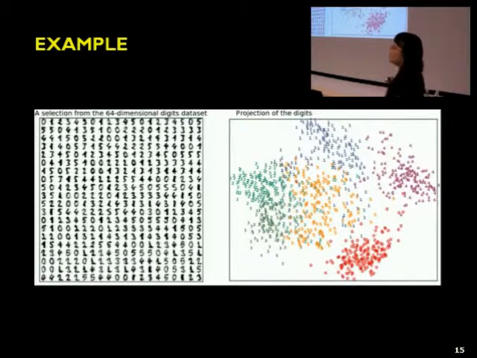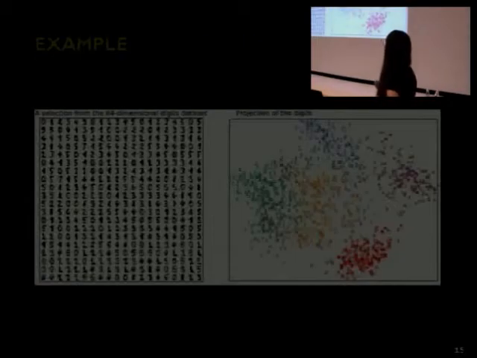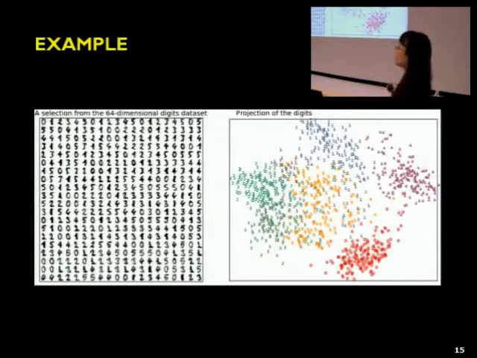All the ones need to stay together. And zeros, ones and fours are probably closer because they all have these straight strokes. So this is an example showing that projection-based analysis can help you identify similarity or distance between the data, the structure of the data.